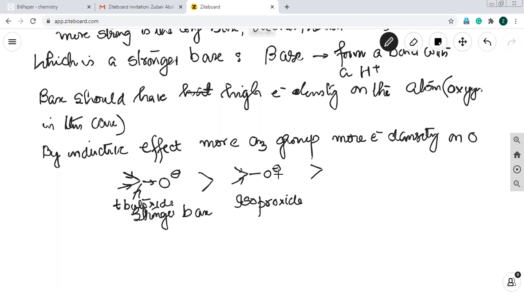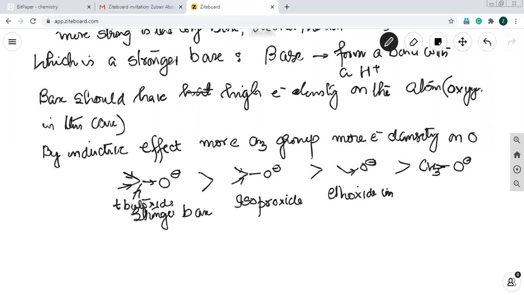Again, a stronger base than ethoxide ion. Again, a stronger base than methoxide ion, where you have very little electron contribution. Clear? So this is the order of basicity.